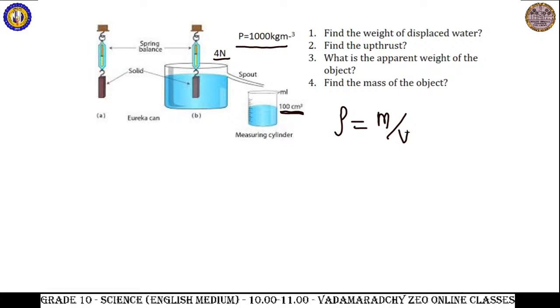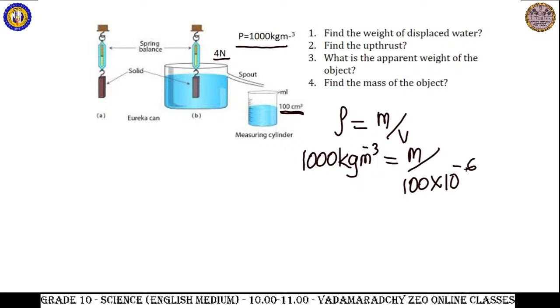Density is 1000 kilogram meter minus 3. We have to find mass, and volume is given as 100 centimeter cube, so we convert into meter cube, that is 100 into 10 to the power minus 6.